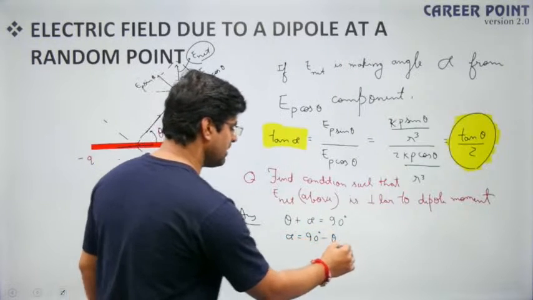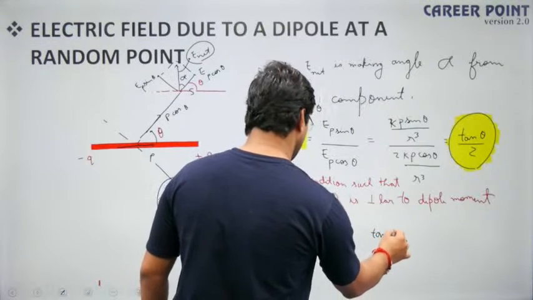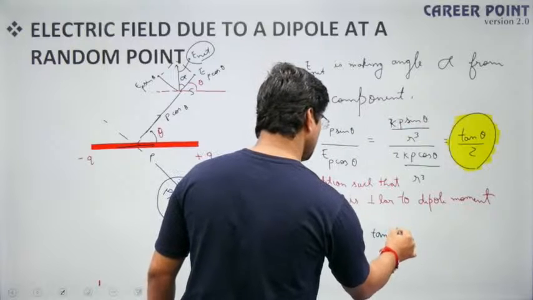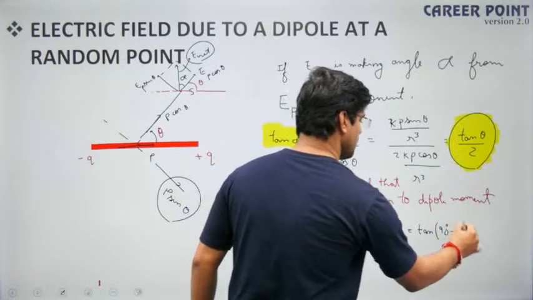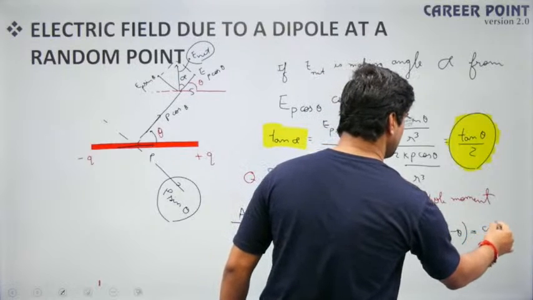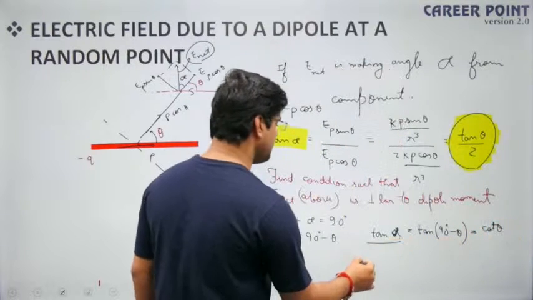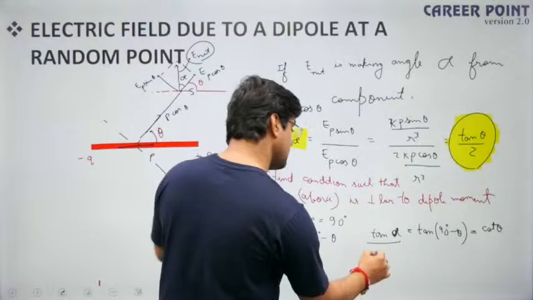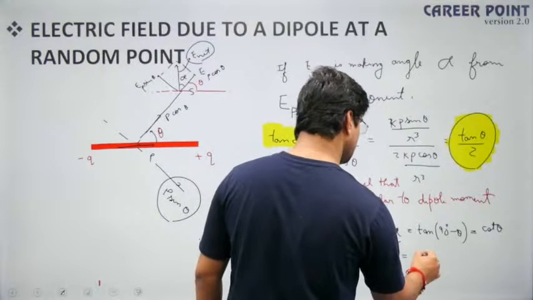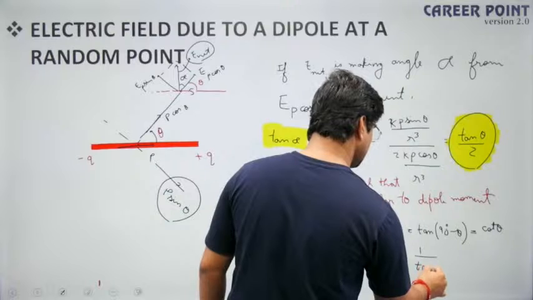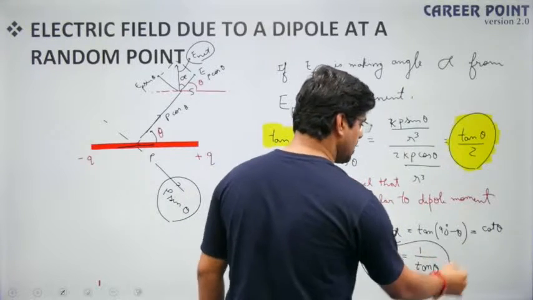If we take tan from both sides, tan alpha is equal to tan of 90 degrees minus theta. So tan of 90 degrees minus theta will become cot theta. Tan alpha will actually be equal to how much? Tan theta by 2. Tan theta by 2 is equal to 1 upon tan theta, because I have written cot theta on the right hand side.